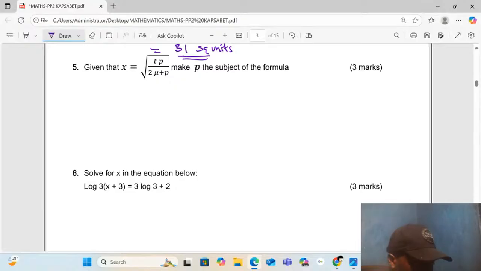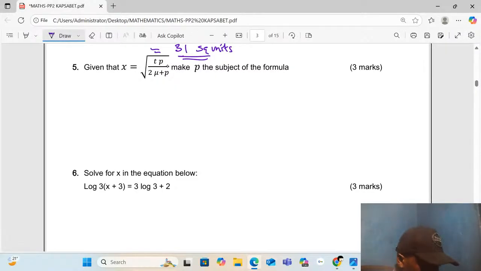Make P the subject. We have the equation x equals the square root of TP divided by TU plus P. We're supposed to make P the subject of the formula.